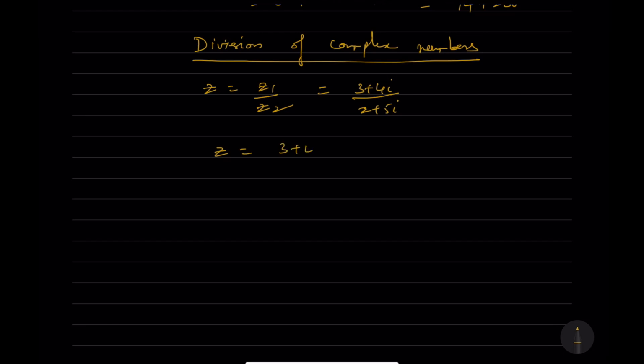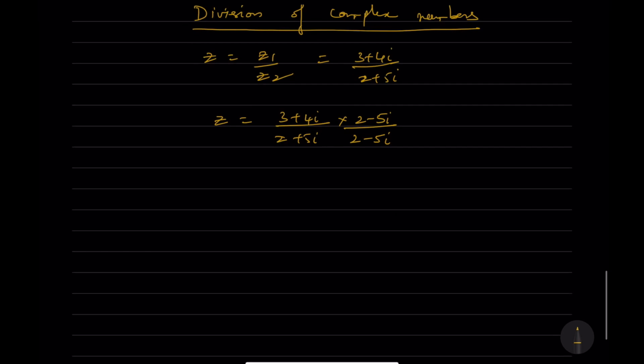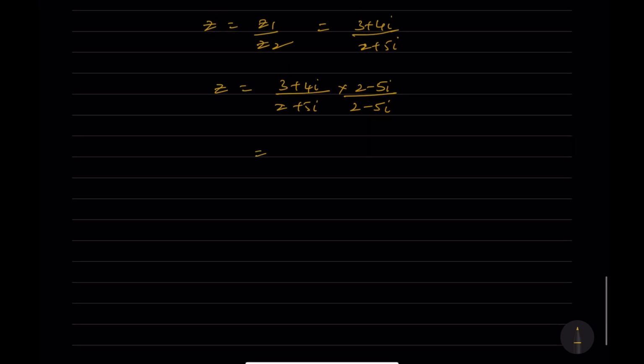We can write this as z is equal to 3 plus 4i divided by 2 plus 5i. Here also we will multiply by 2 minus 5i by 2 minus 5i. So here you will get 3 plus 4i into 2 minus 5i.